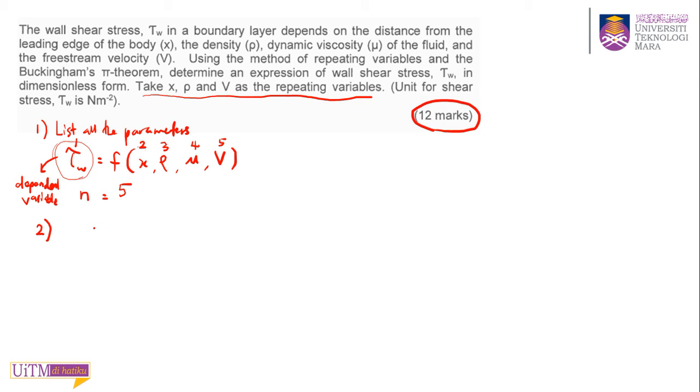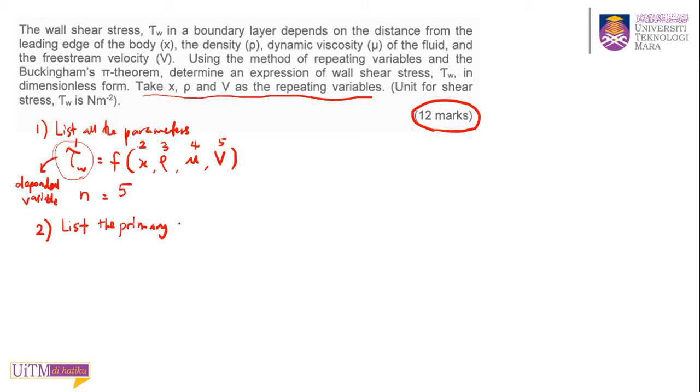The second step is to list the primary dimension. Who still remembers? Primary dimension. Good, well done. So the second step is to list the primary dimension for all of these parameters.